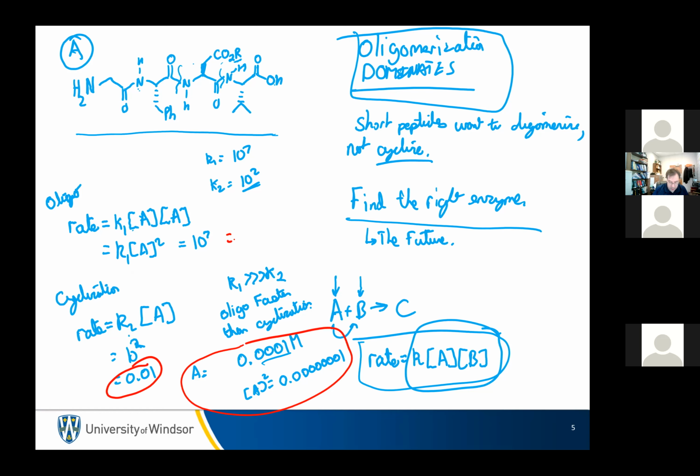Whereas this one is going to be 10 to the 7 times this number, it's going to be 10. So it's still faster, so we're going to need to go lower than that. But we've closed the gap from 5 orders of magnitude to a single order of magnitude. Keep dropping the concentration, you start favoring cyclization.